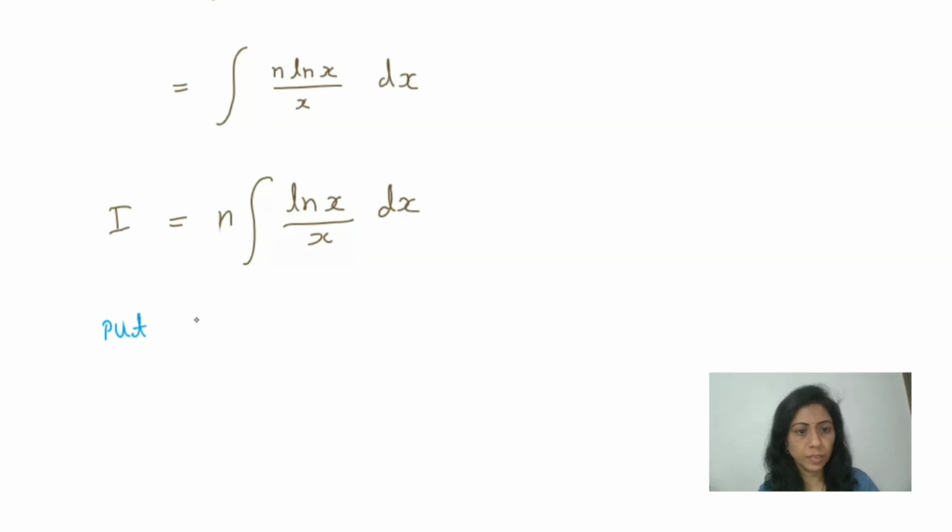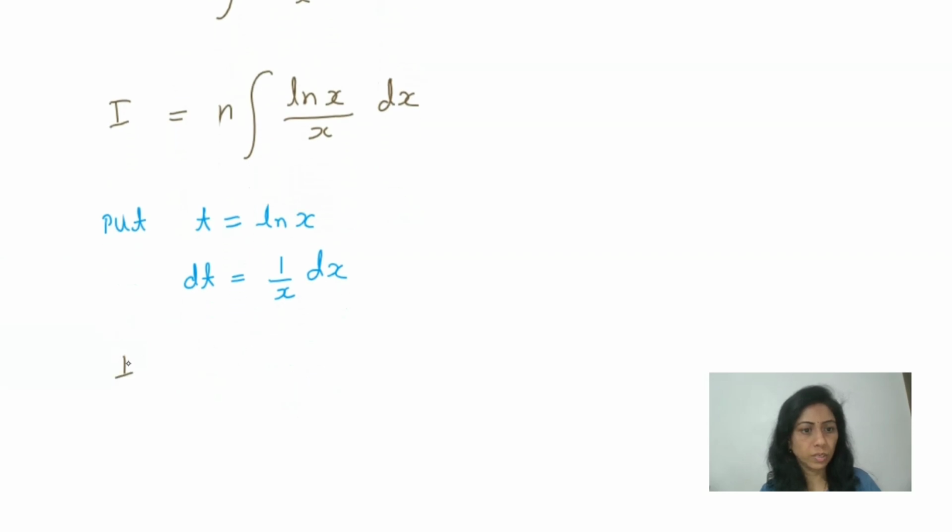Put t is equal to ln x. When we differentiate, we get dt is equal to 1 upon x dx. And exactly, I wanted this one, 1 upon x in the denominator, and dx.